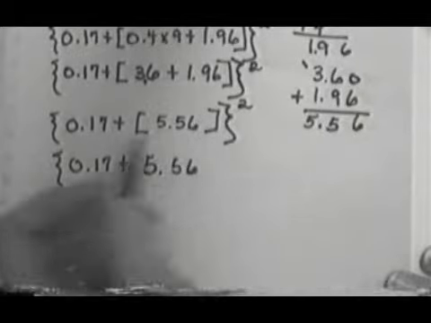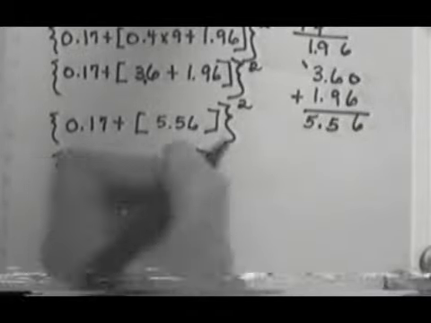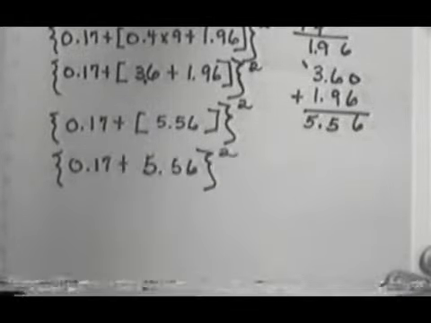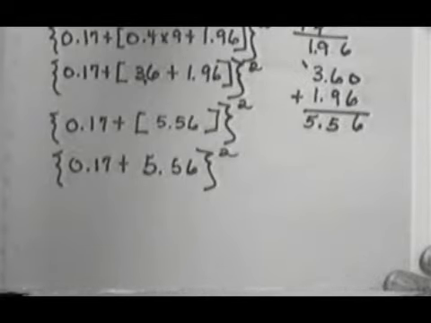So my bracket is totally gone. I still have my braces, and I still have my square outside the braces. So now, all I have to do is just add 17 hundredths to 5 and 56 hundredths in order to finish my work up inside my braces.